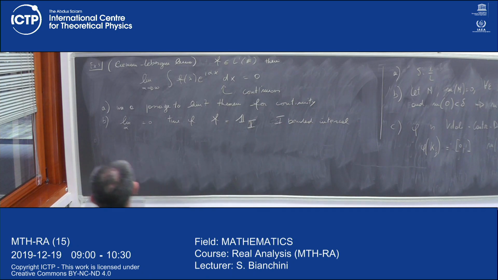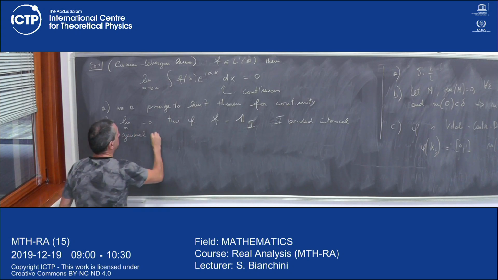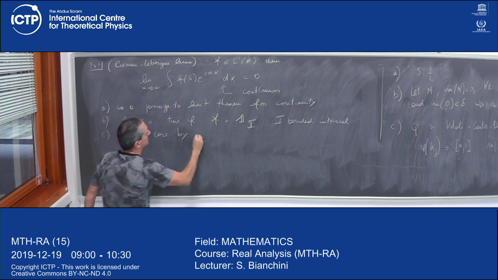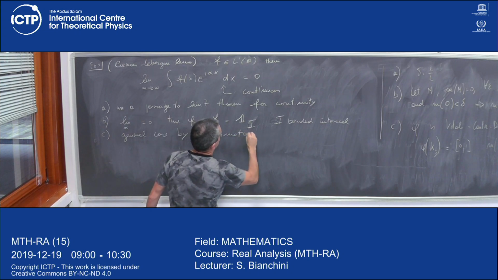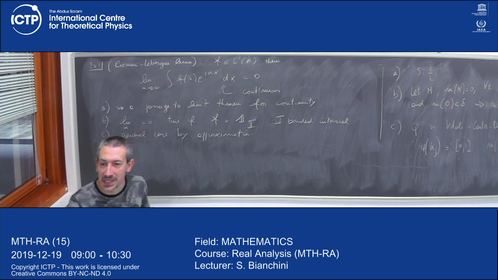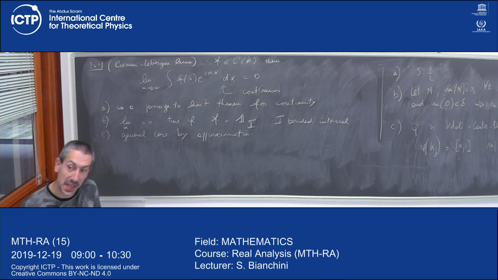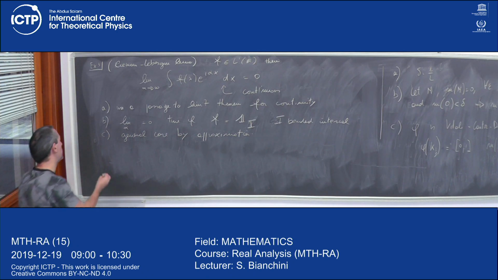C: the general case by approximation. Sometimes in exercises there are bonus points if you want to get more points. We don't see the bonus, we see just the proof.